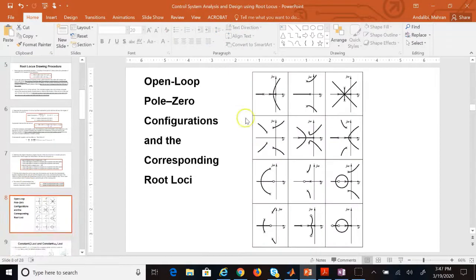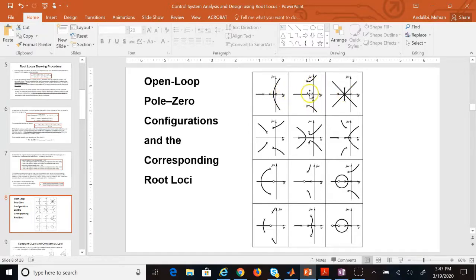So the root locus, as I said, has several branches. Some branches are only on the real axis, like this picture. Some of them are completely 2D, in the plane, but some of them are only on the real axis.